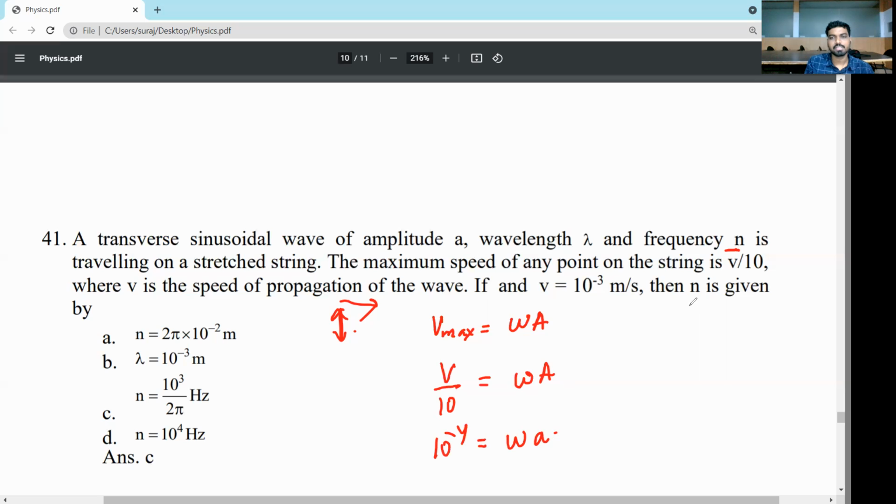n is what? Frequency they are asking. Omega will be 10 power minus 4, right? v is given as 10 power minus 3.